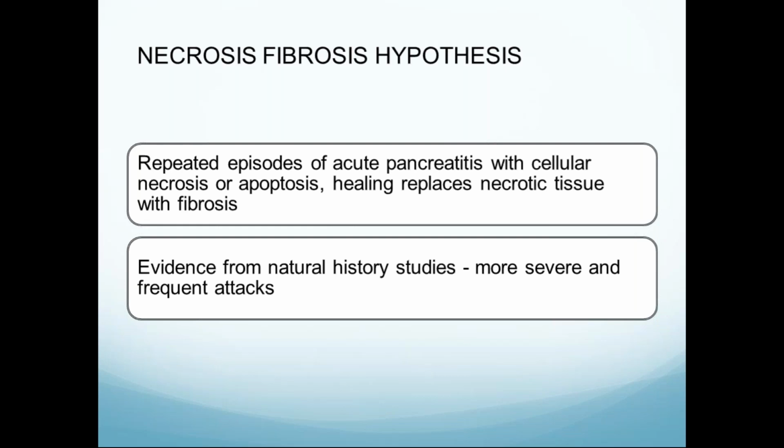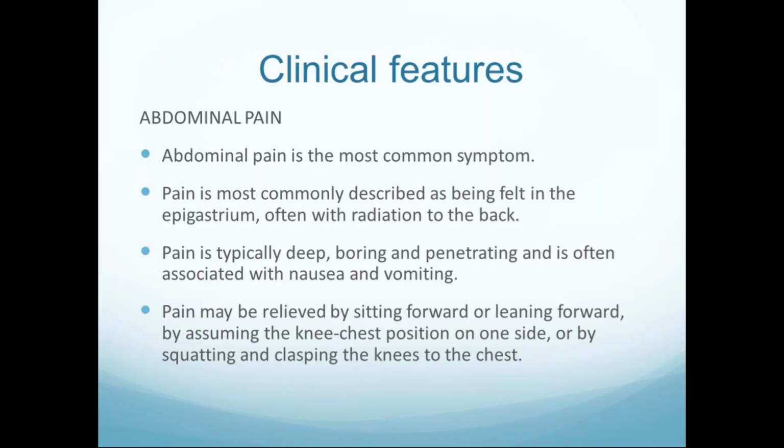Generally, the fibrotic tissue is dangerous and mostly causes inflammatory processes. So it is evidenced by natural history studies and more severe and frequent attacks. So this is the other hypothesis proposed for chronic pancreatitis. So these are the pathophysiological hypotheses. Mainly you have to remember the ductal hypothesis and the toxic metabolic hypothesis.